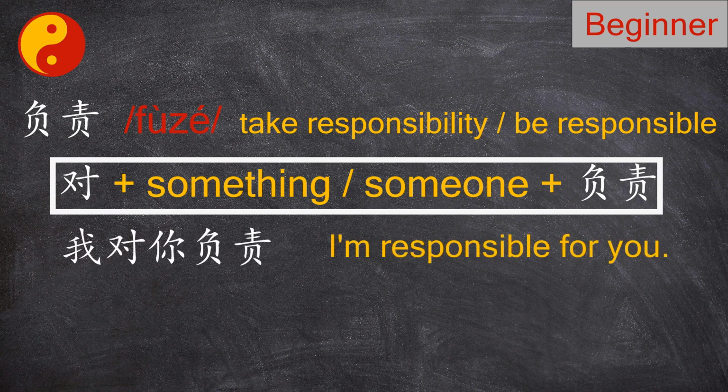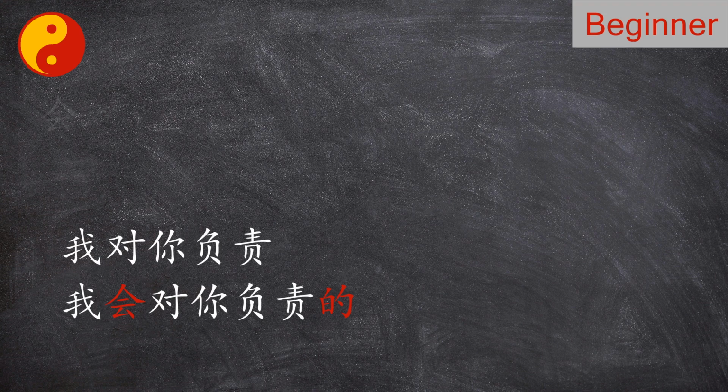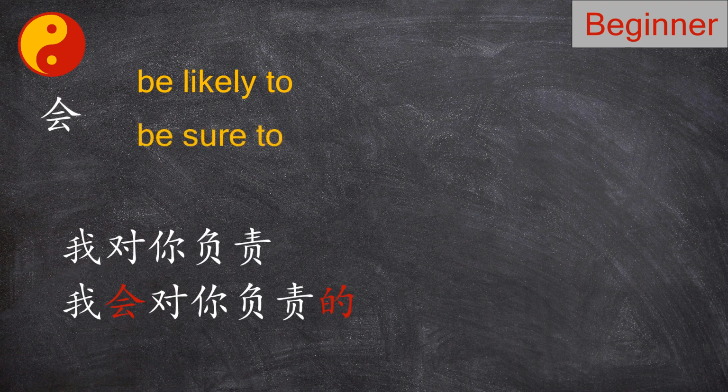But in the video, the man says 我会对你负责的. What's the function of 会 and 的? 会 is an auxiliary verb which means be likely to. That is, it is possible that something might happen. 会 also means be sure to. That is, something will definitely happen.